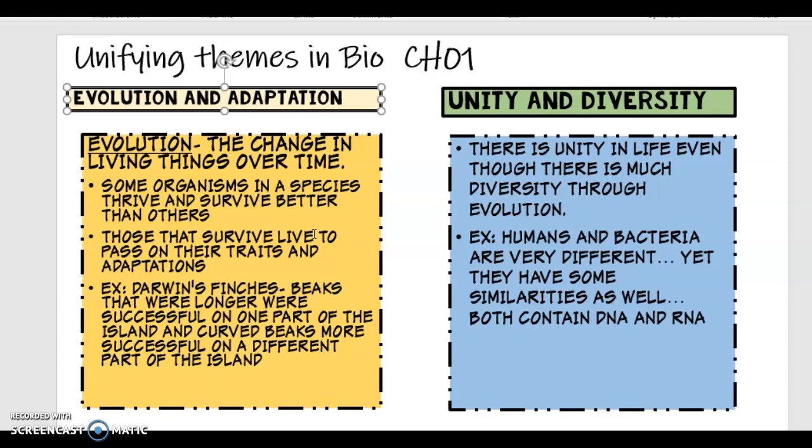Bacteria are unicellular, humans are multicellular, of course, way more complex than bacteria, yet we both have DNA and RNA for genetic material. So even though there's great diversity amongst organisms, there is also a lot of unity, or a lot of similarity.